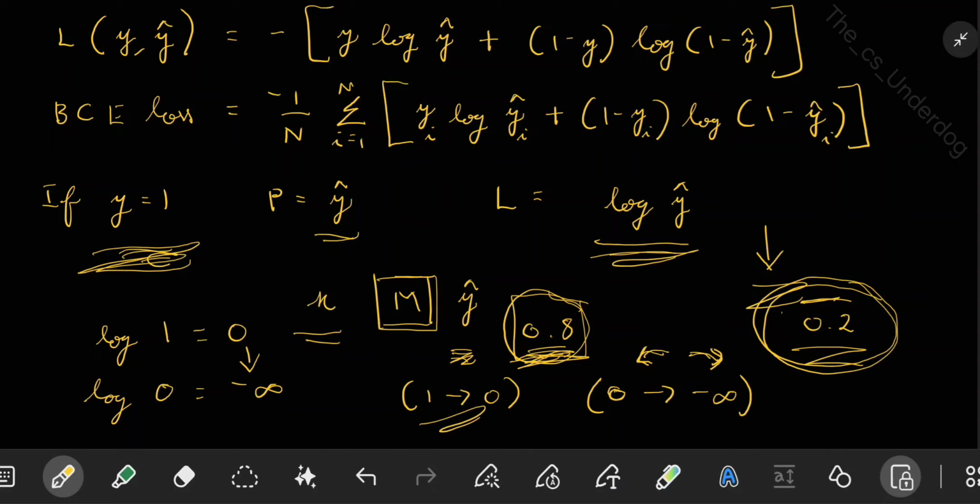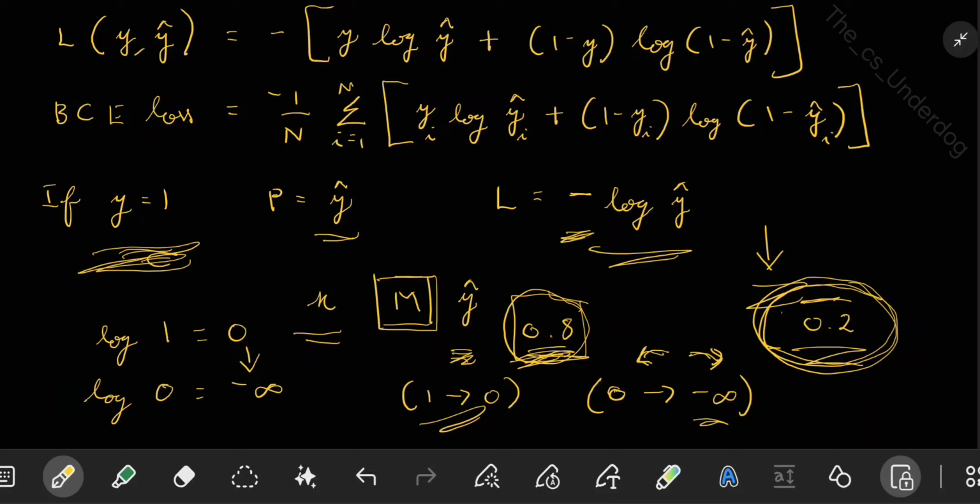How will you reverse? You simply put a negative sign, then it is reversed. This is how you can say that the loss for this particular case is minus log y cap. If it is minus log y cap, what happens? For 0.2, it will give a value close to minus infinity, which means a large number with a negative sign.